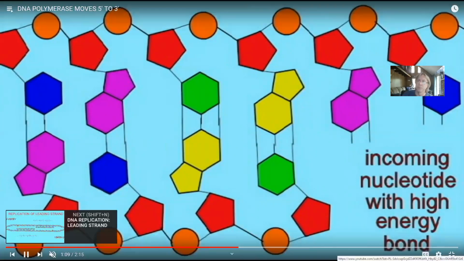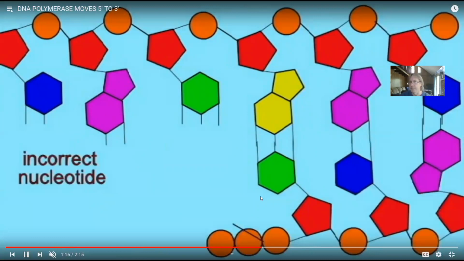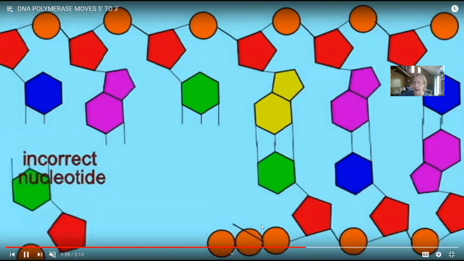If DNA polymerase was replicating in the opposite direction, all right, so let's say it was replicating this way. It doesn't, but let's say it did. If the incorrect nucleotide was coming in with its 3' end first, and here's the existing one we're adding it onto.